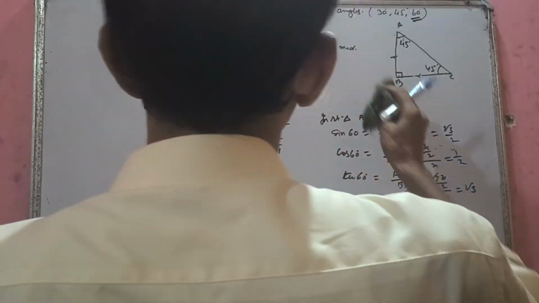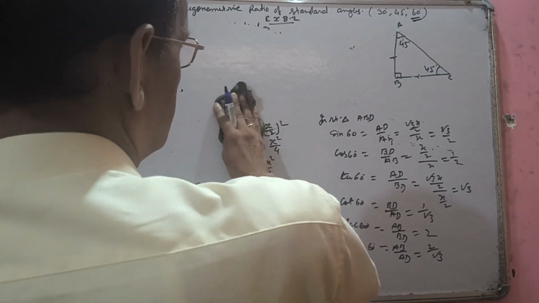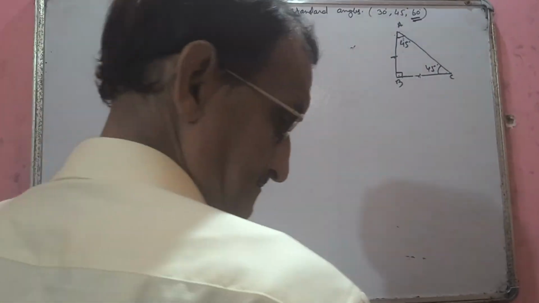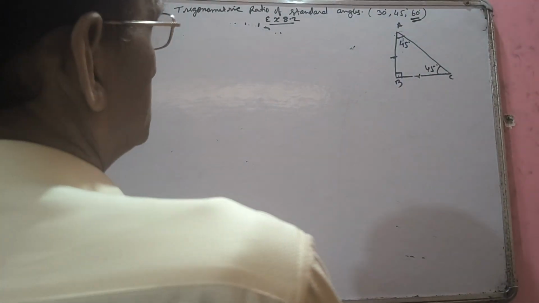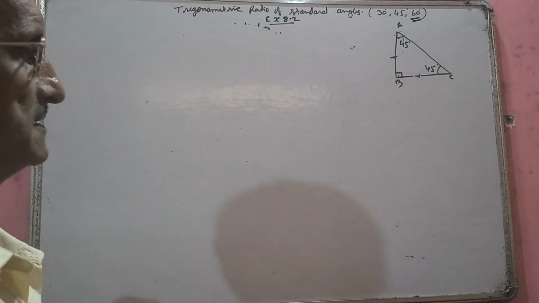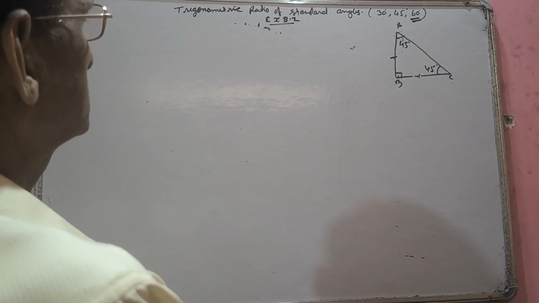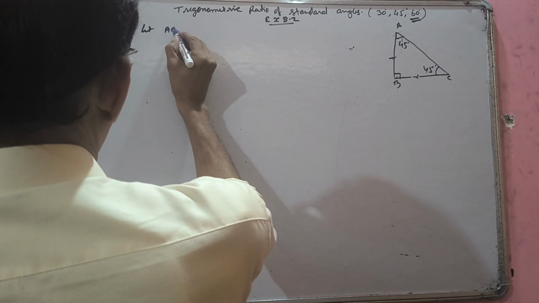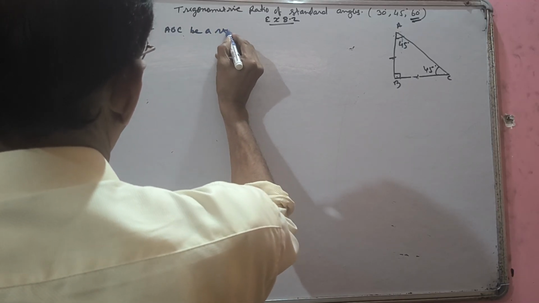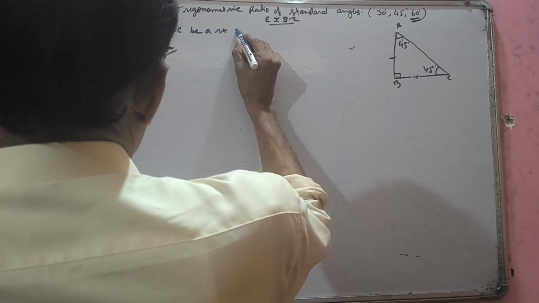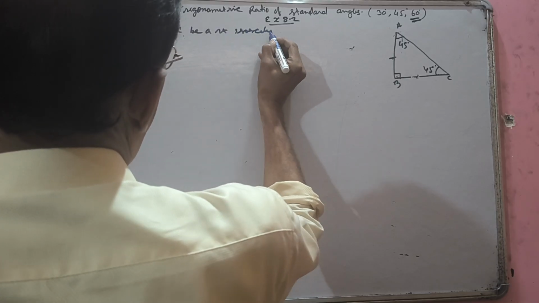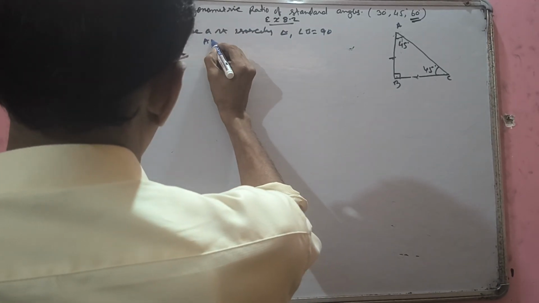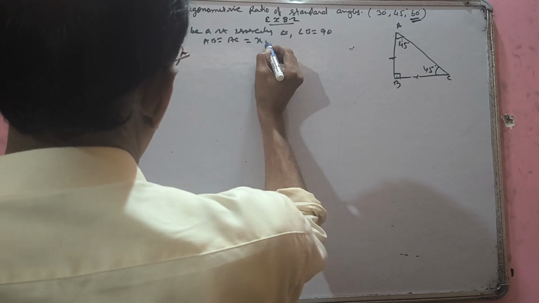A little bit of change in the process also. Since we are doing this geometrically, a little bit of geometry will be there. So we will write: let ABC be a right isosceles triangle, angle B equal to 90 degree, AB equal to BC equal to x.